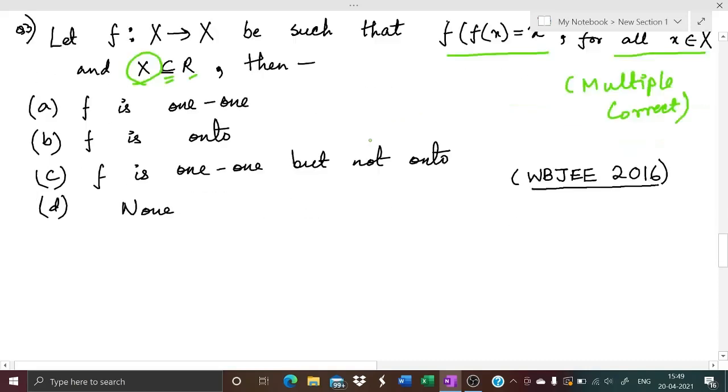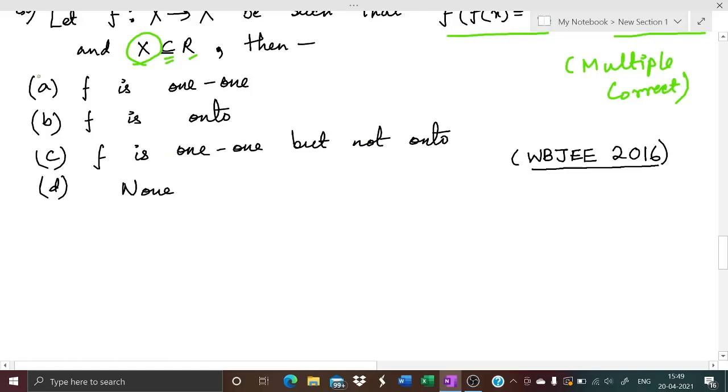So you can see there are 4 options and this is a multiple option correct question. So I will start from the thing that has been given in the question. f of x equals to x.